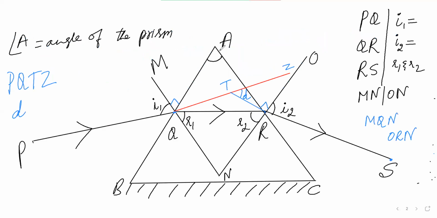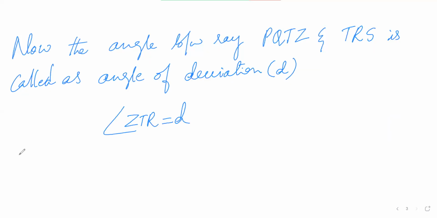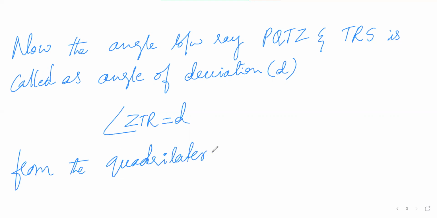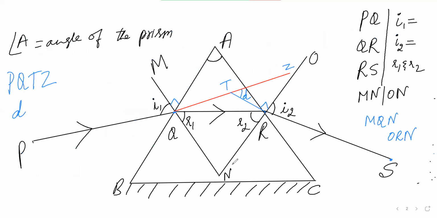Next, can you people see the quadrilateral here? AQNR is the quadrilateral. Now we can write it as, from the quadrilateral AQNR, okay, we know that. What is the total angle of the quadrilateral?